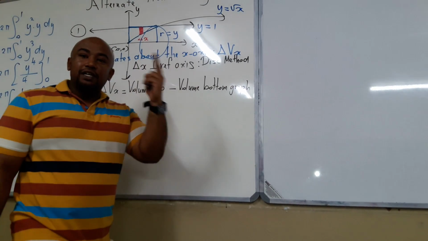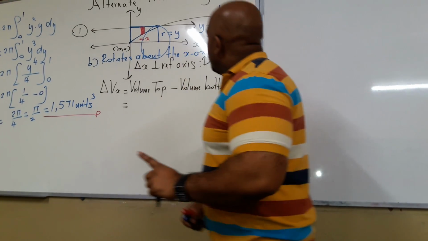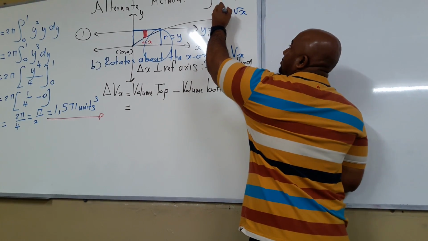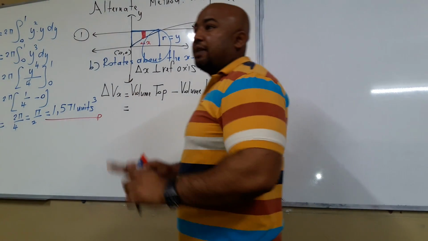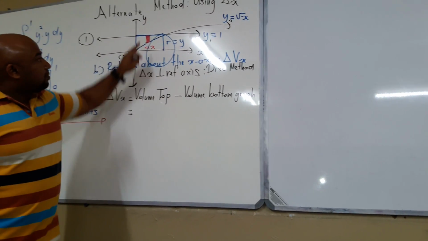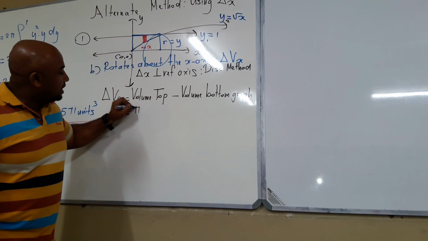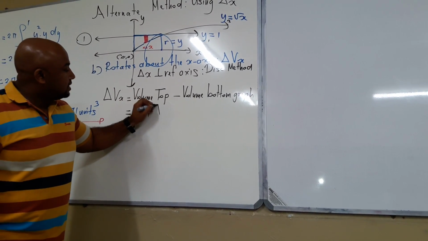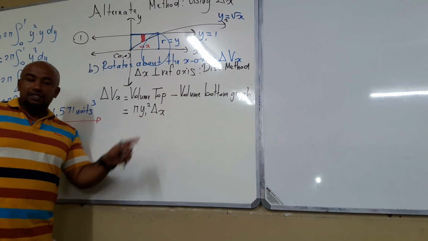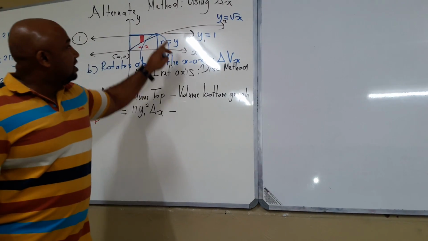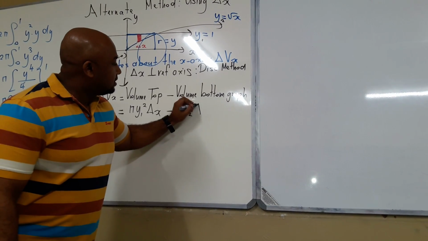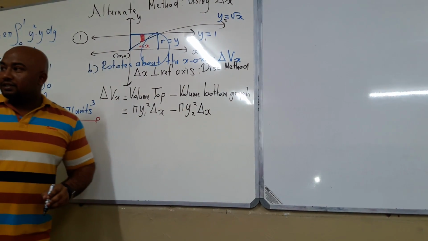So now, since we are dealing with two graphs, we have to label our graphs separately. Let's call this graph y1 and this graph y2 because they are not the same. So, top graph is y1, so that's going to be pi y1 squared times delta x, minus the volume of the bottom graph, which will be pi y2 squared times delta x.